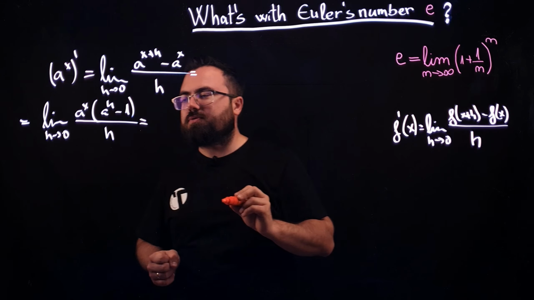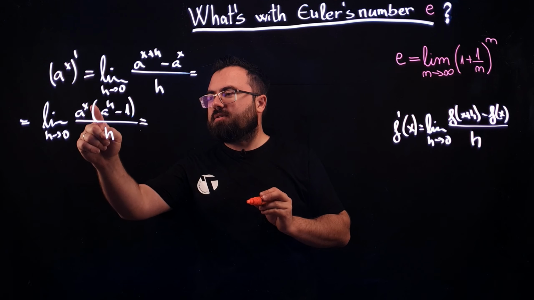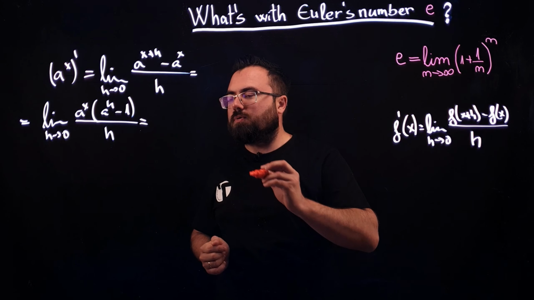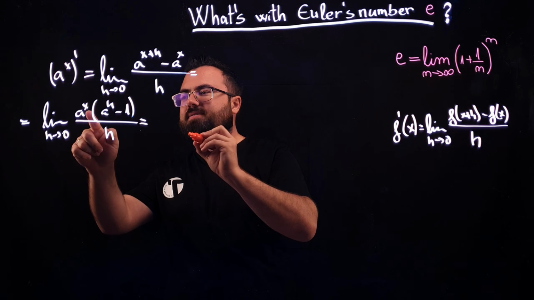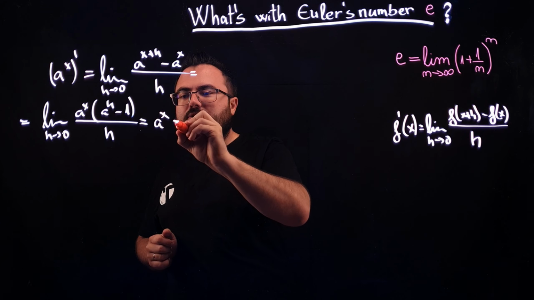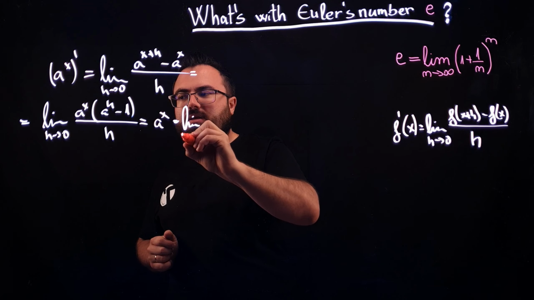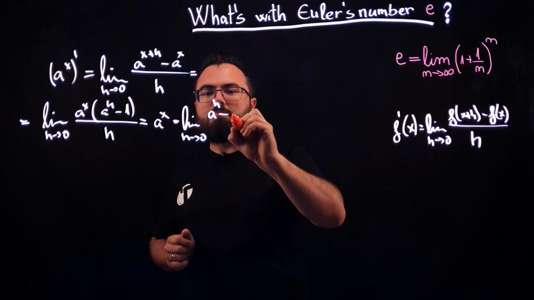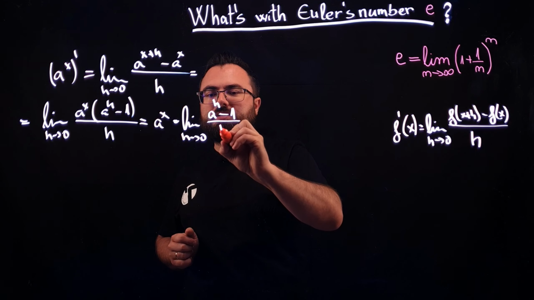Something special to notice is that a^x does not depend on h in any way, so a^x can actually go outside of this limit. So it's a^x times the limit as h goes to 0 of (a^h - 1) divided by h.